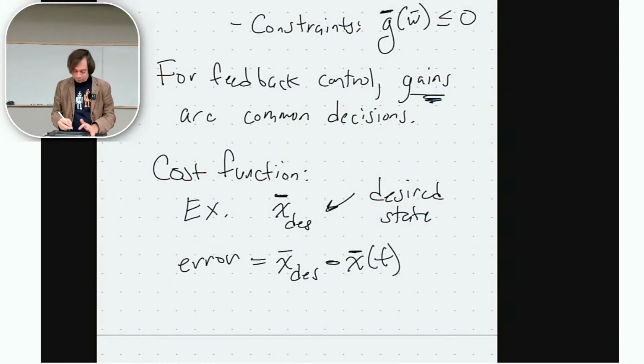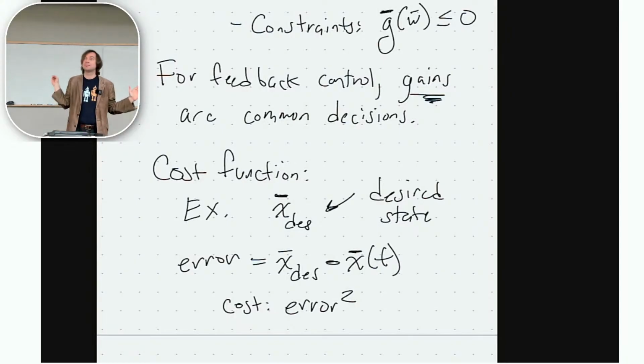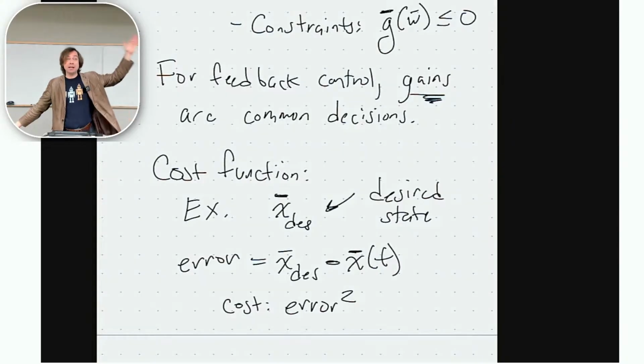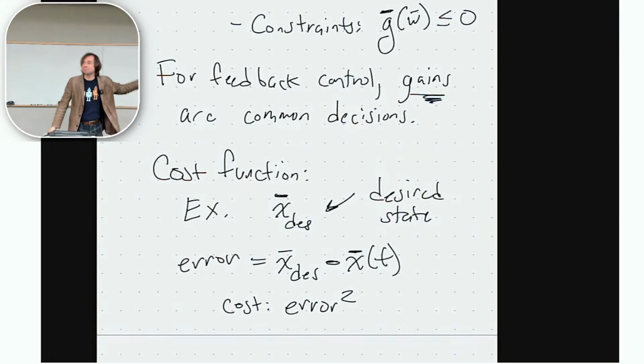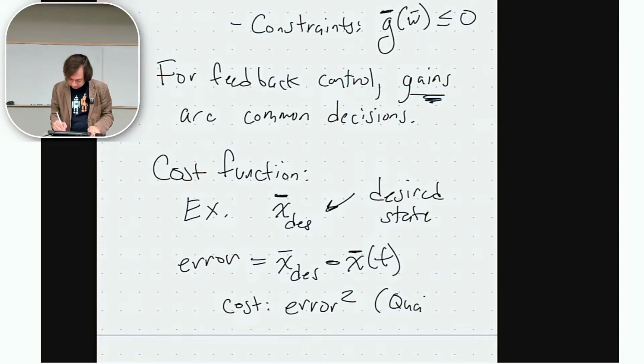So a typical cost might be error squared. That's the easy way to say that either giant, large negative numbers or large positive numbers, both are bad. Near 0 is still good. So it's a quadratic cost.